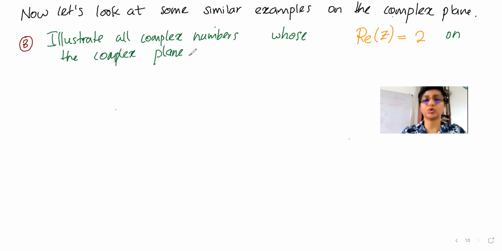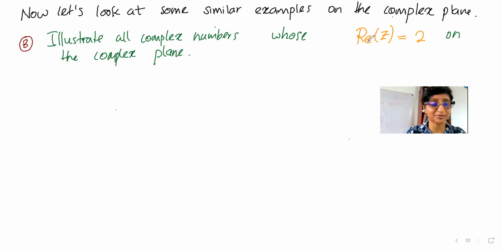That's how the whole question might look. Illustrate all complex numbers whose real part is equal to 2 on the complex plane. Can you show me on the complex plane all the dots, all the points on the plane? Remember, any point on the complex plane represents a complex number. So you are showing them graphically as a point. Show me all the points that satisfy this condition.